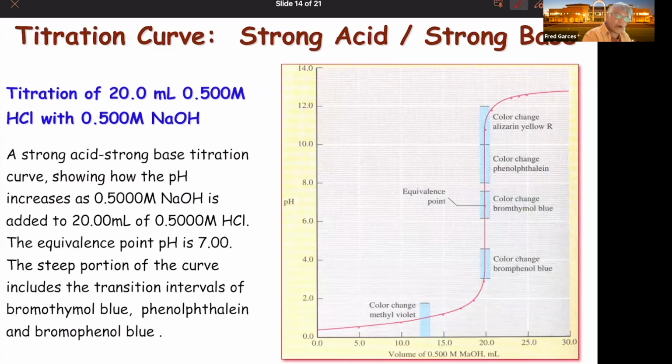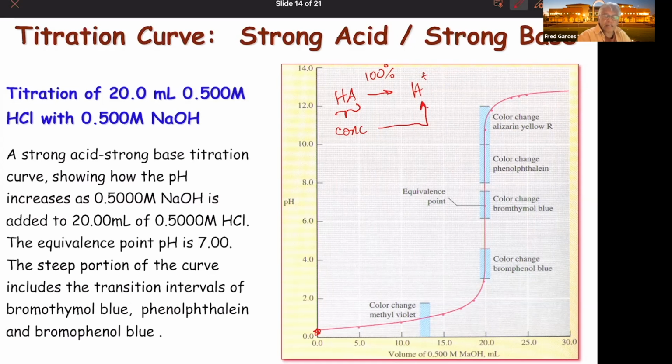Well, what will happen is that your pH at the beginning, before you add any titrant, is just based on the concentration of, in this particular case, the strong acid. Why? Because the strong acid will dissociate 100% of the time. So whatever the concentration of your acid is, that is equal to the concentration of the hydronium.